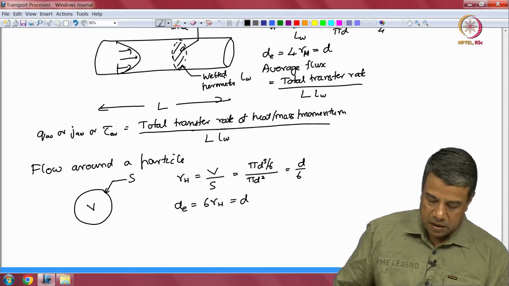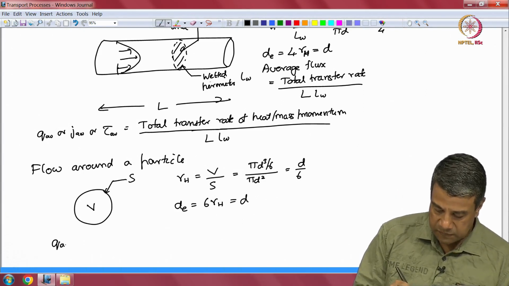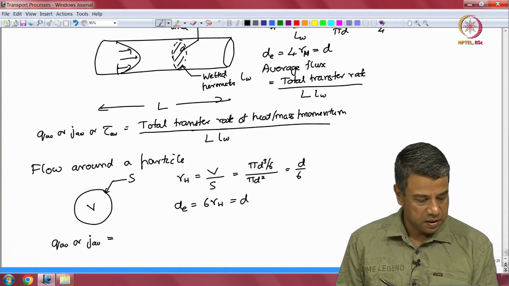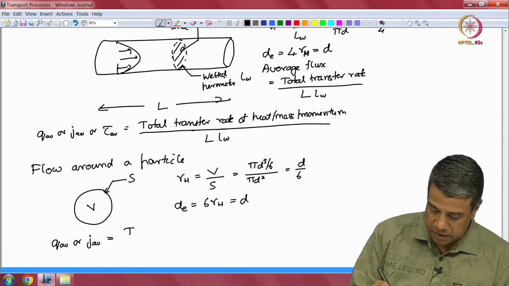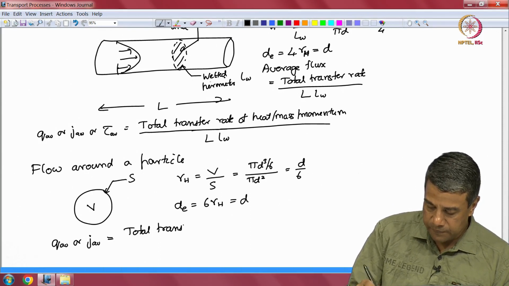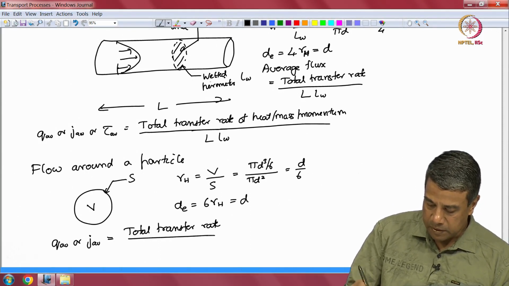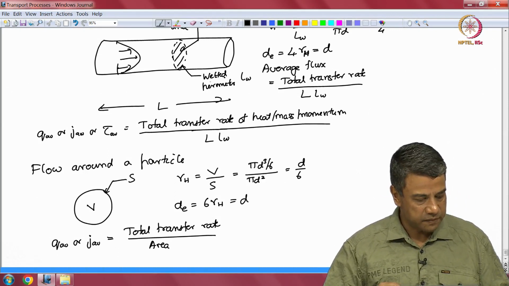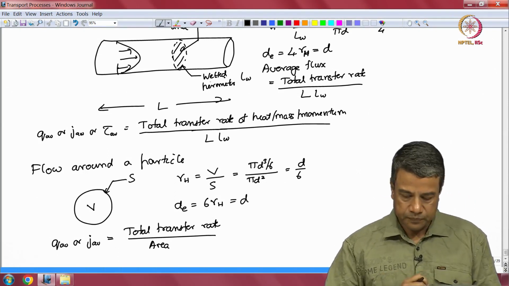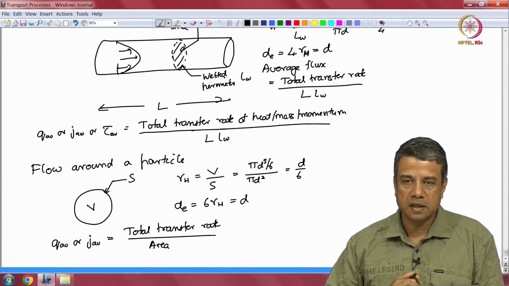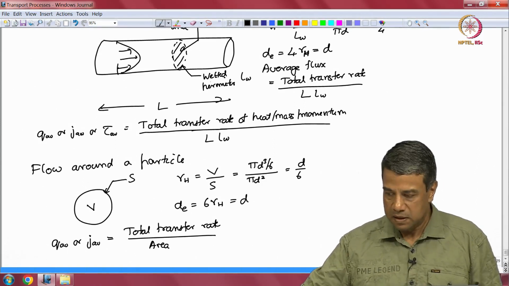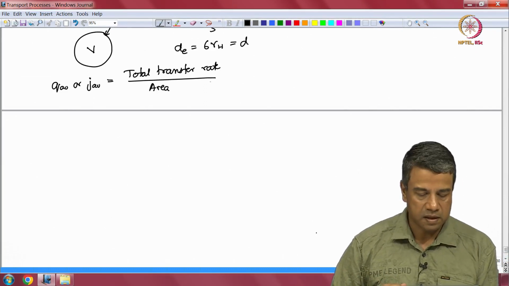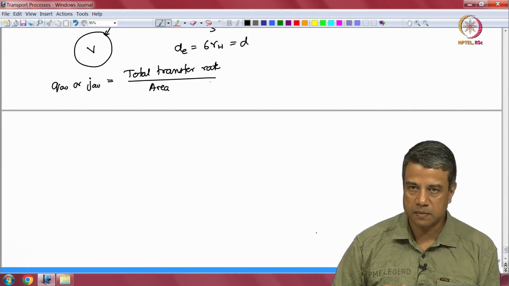The average flux Q average, or average flux of mass, is defined as the total transfer rate per unit area, divided by the surface area S. So, using this characteristic dimension and the characteristic average flux, the dimensionless groups for mass and heat transfer are defined, the Sherwood number and the Nusselt number.